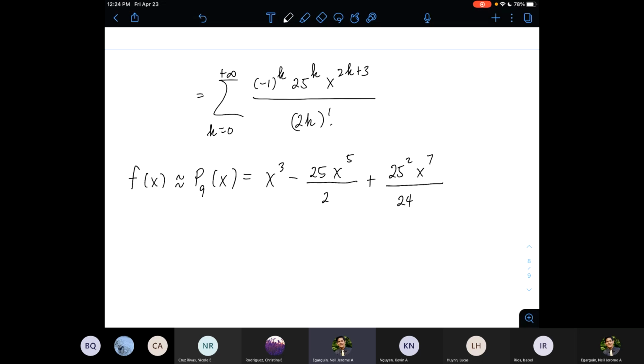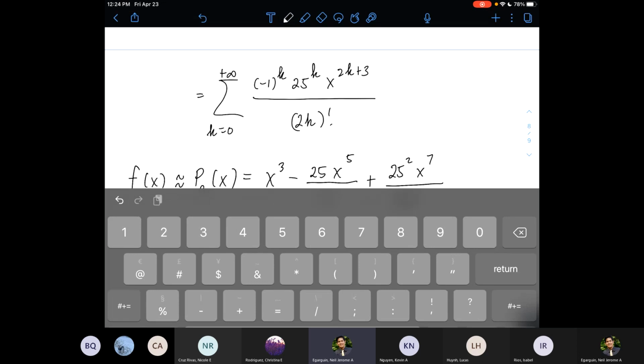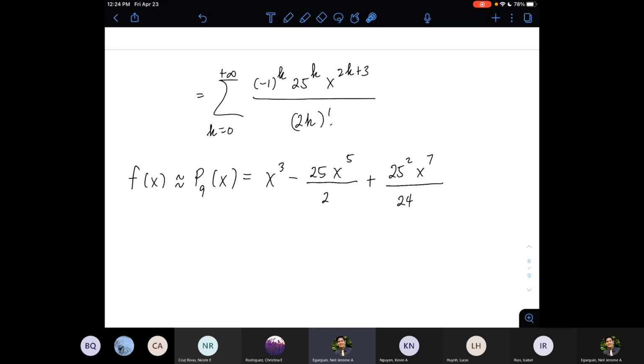Sorry, we'll go to the next k value, which is k equals 3. K equals 3 will give us -1 to the power 3, so that's a negative sign there. We have 25 cubed. And then x to the power, when k is 3, we get 9. Oh, there we go. We'll stop here.